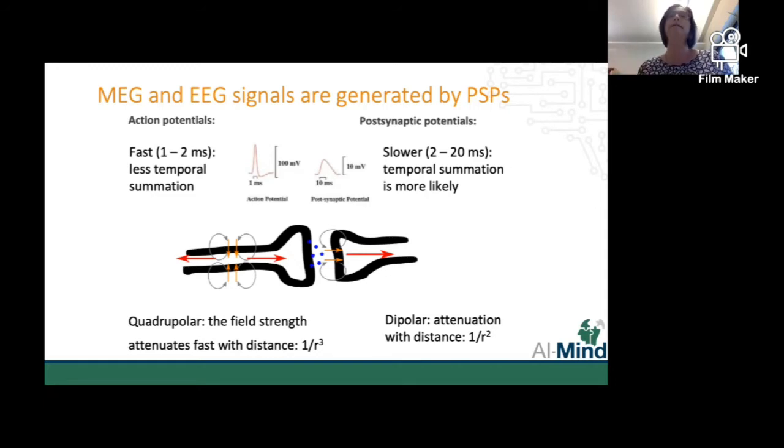So when we look at the data from the sensors outside the head, the signal will be very weak. Whereas the dipolar field also attenuates with distance, but not as fast as the action potential. So it's more likely for us to see these types of currents outside the head.